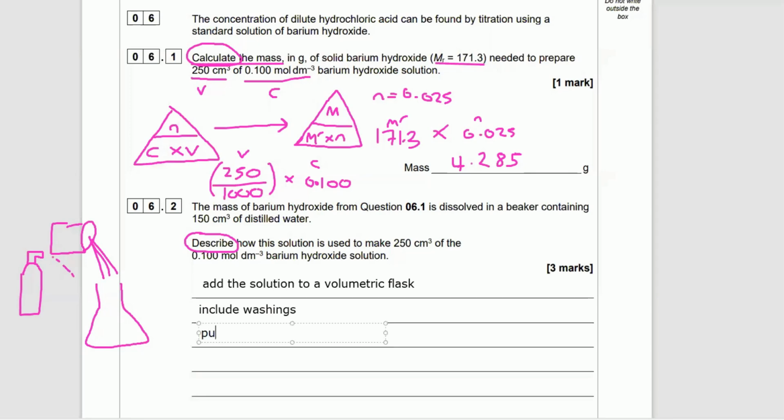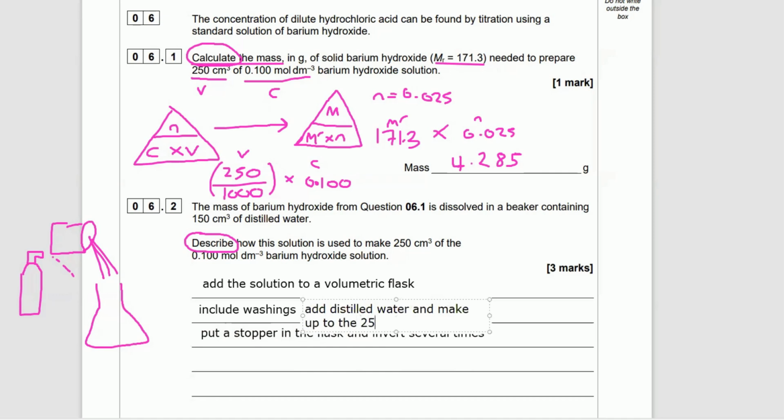You want that all to enter the volumetric flask. And then you're going to put the stopper in and invert several times, which means turn it upside down. You don't have to use the word invert, but basically rotate, turn it around once the stopper's in, and that's going to evenly spread the mass. And there you go. You've now got a solution. Oh, let me just add that in. I forgot to add the washings in.